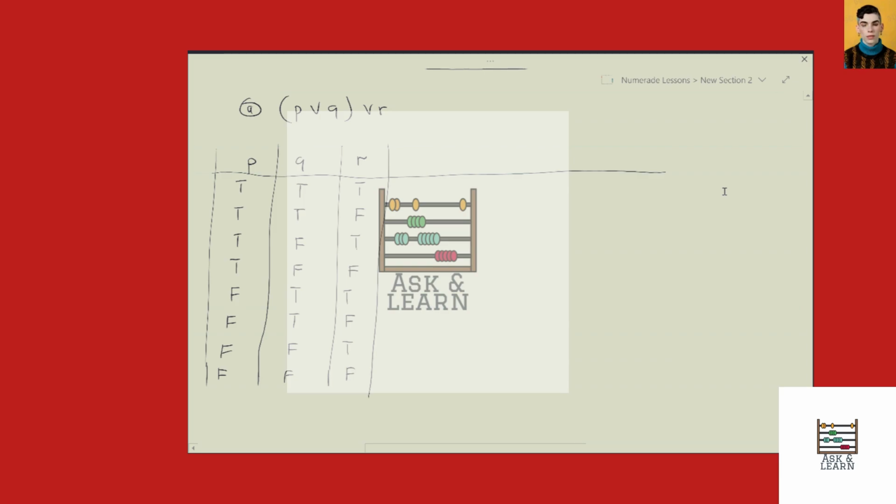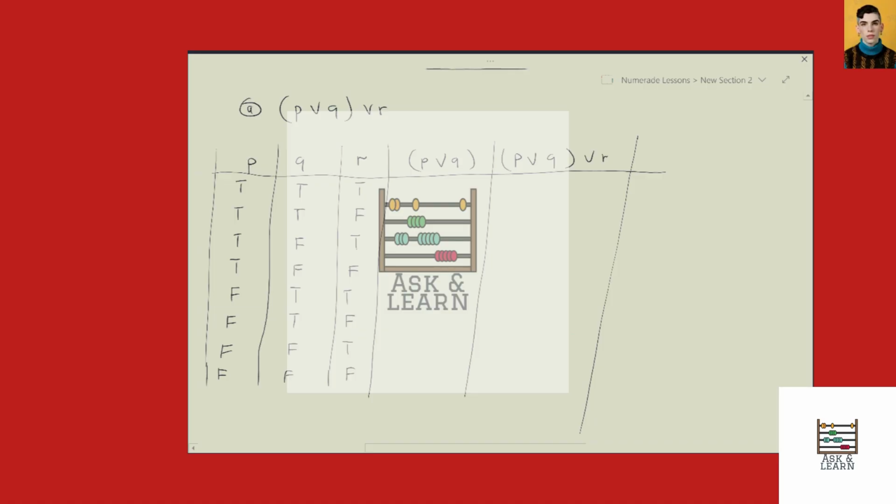Okay, so we are looking at P in the first place. Then we are also looking at P or Q or R. Here, P or Q or R is true if at least one of them is true.